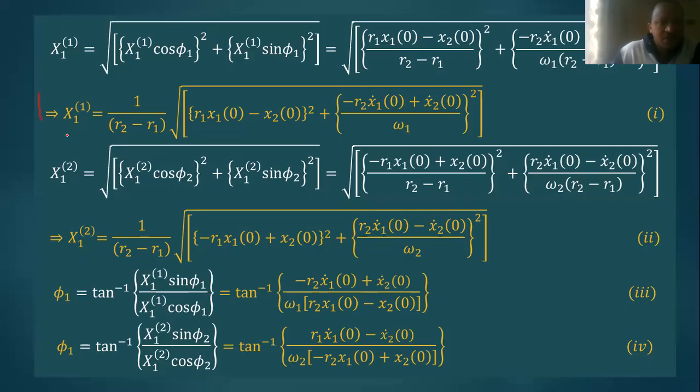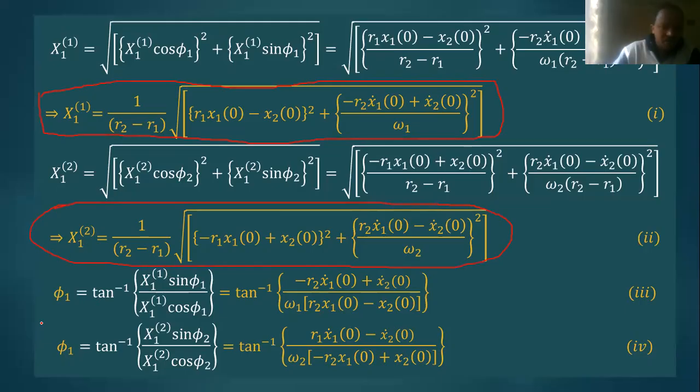This is one of our constants, which is easily determined from the initial conditions. In the second case also, for x1 of 2, with the same procedure we can get x1 of 2.